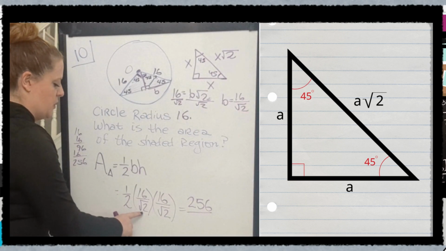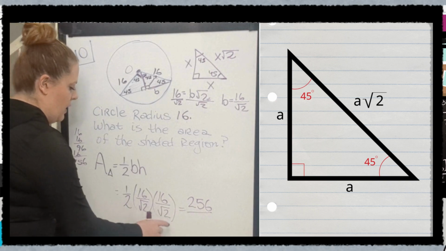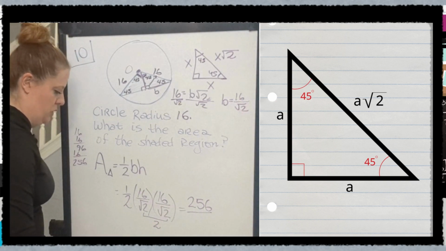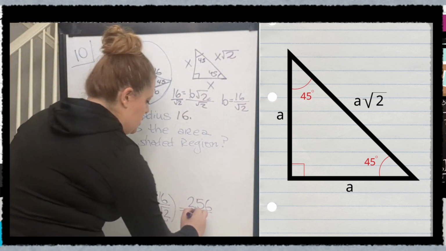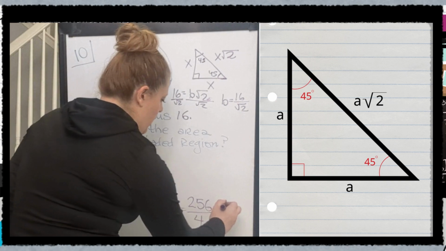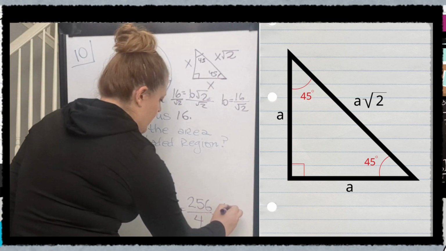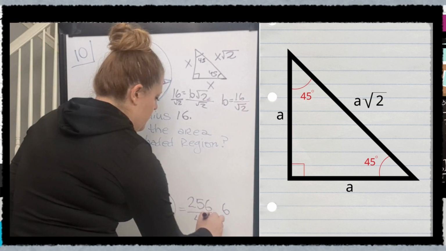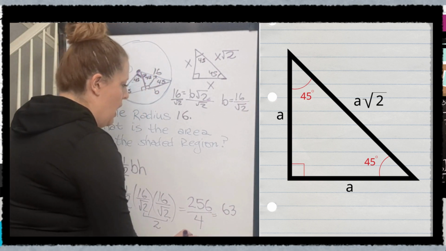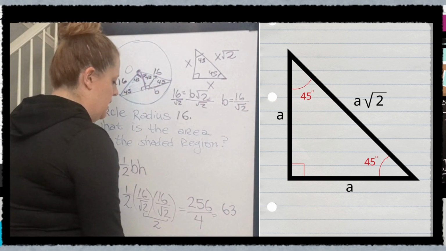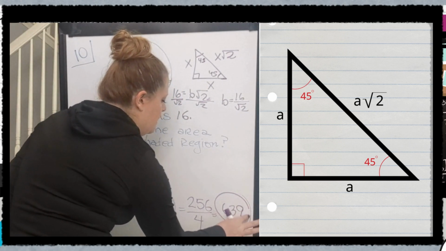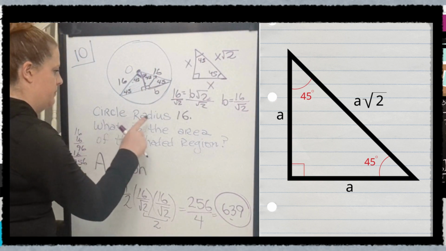Now we have 2 times the square root of 2 times the square root of 2. The square root of 2 times the square root of 2 is just 2. So we have 2 times 2 is 4. 256 divided by 4 is going to be 64. So it's 64. What are our measurements?